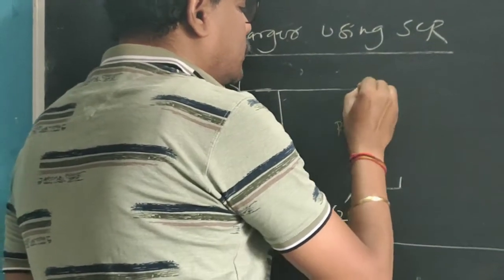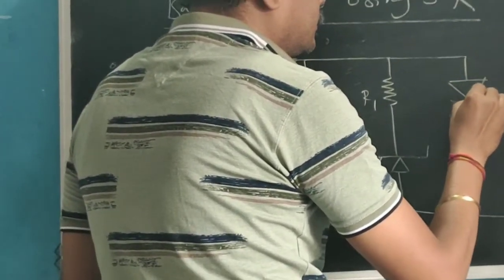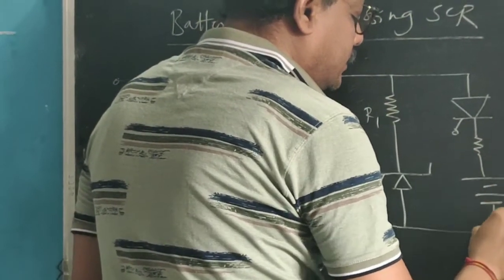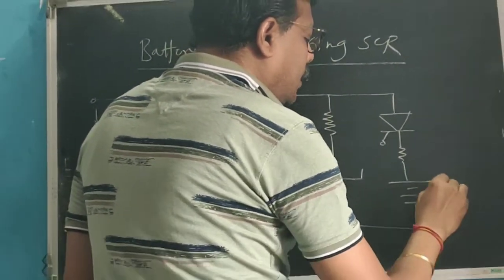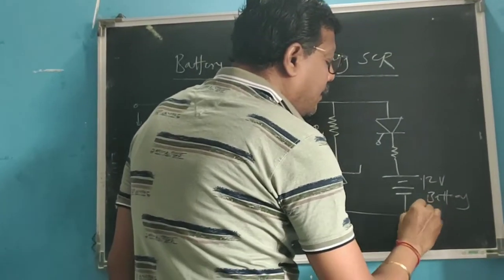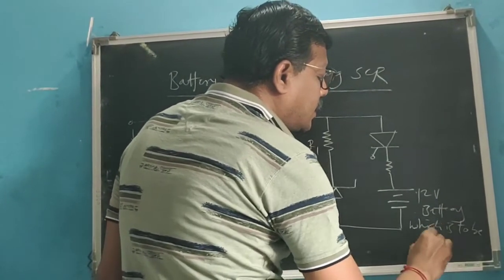This is R1, and this is your SCR, and this is the battery, a 12-volt battery, which is to be charged.